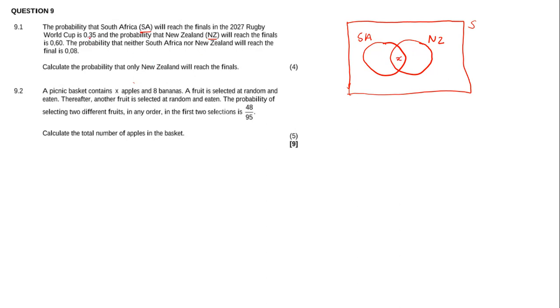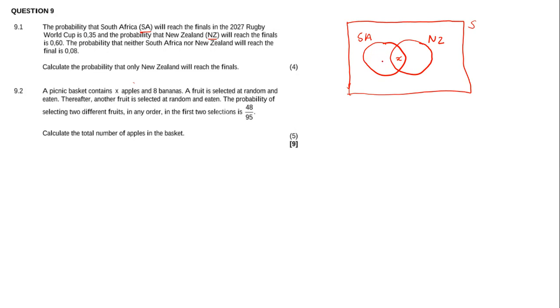Now, the probability of SA is given to be 0.35. This is the probability of SA, not SA only. So the whole circle, its probability is 0.35. But for this portion only, which is SA only, we're going to have to subtract the intersection.